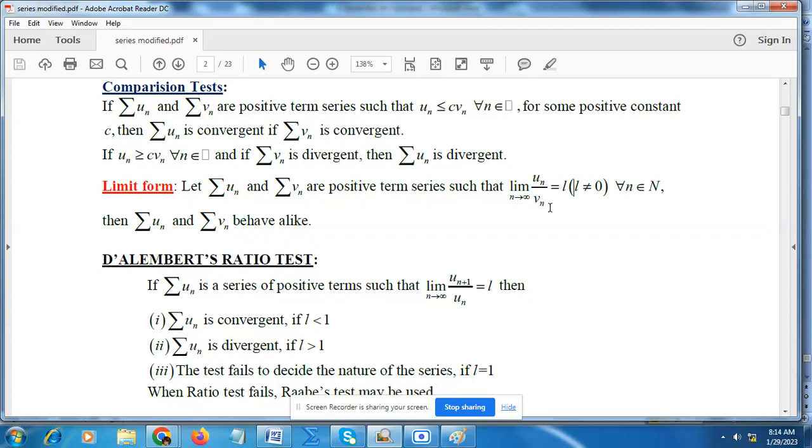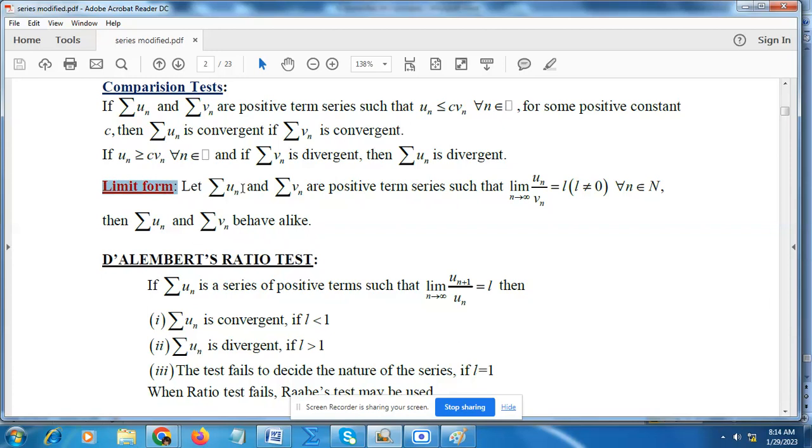Limit un by vn as n tends to infinity is L, which is not equal to 0. Then sigma un and sigma vn behave alike. This is the limit form.